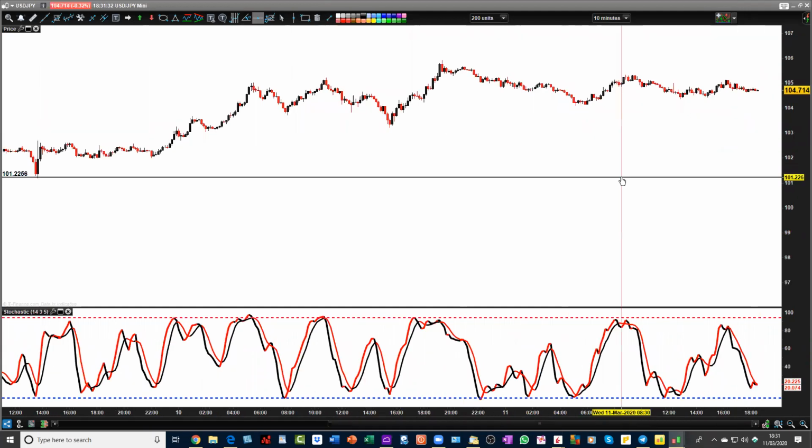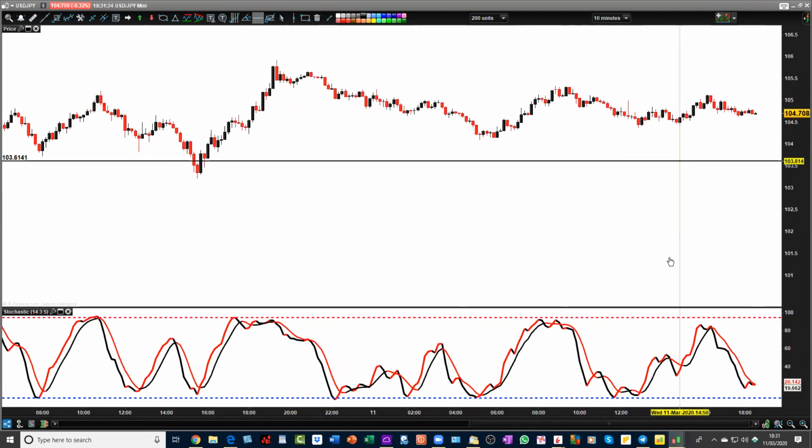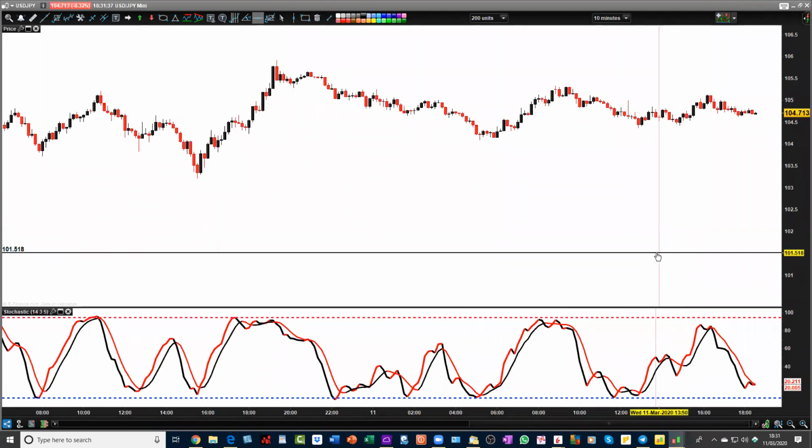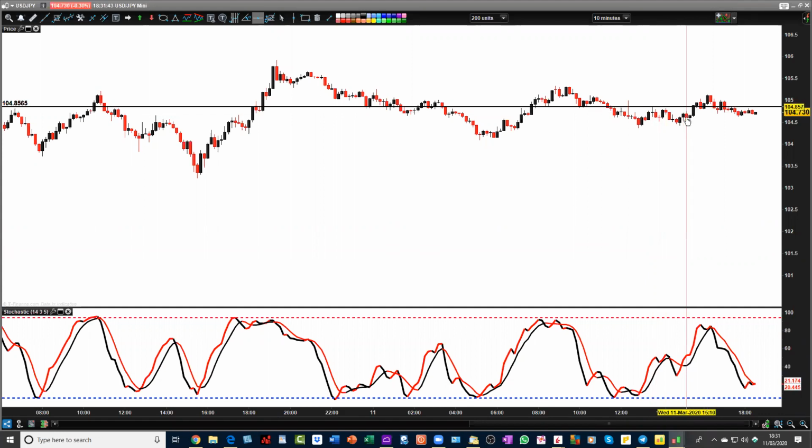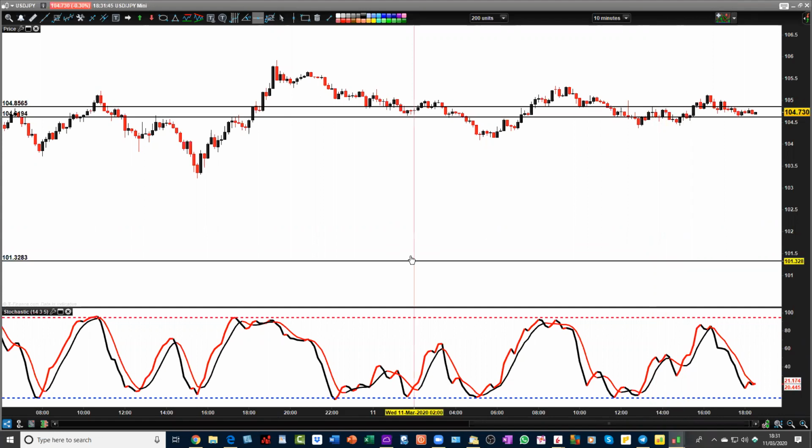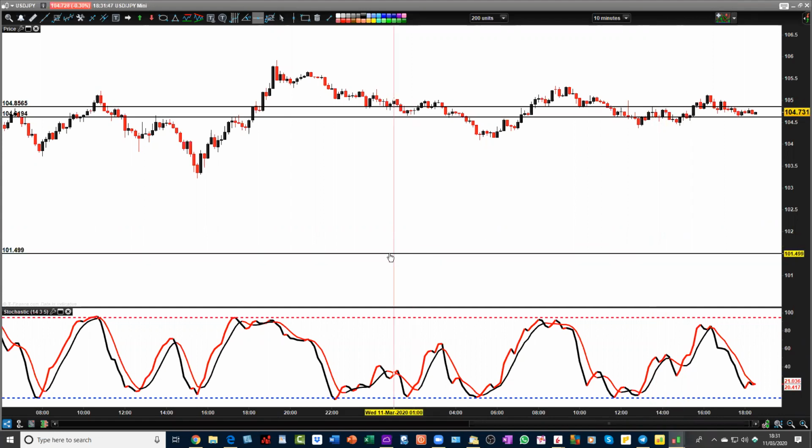As it's a US pair, let's look at the US Open on this one. Okay, so we're still not doing a lot, not much to go for on that one.